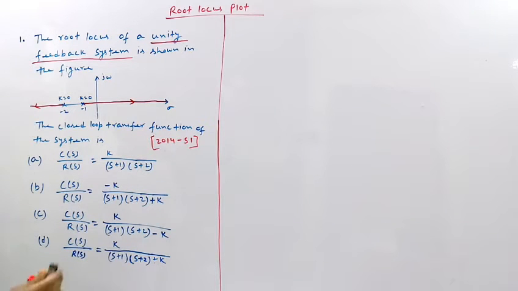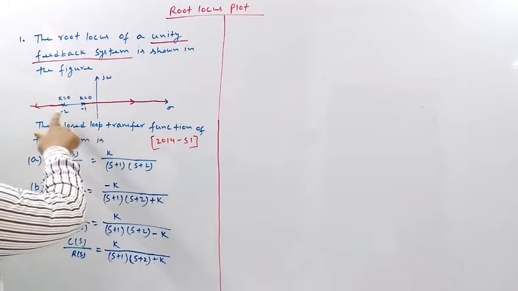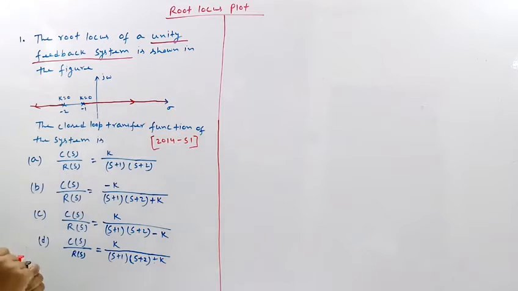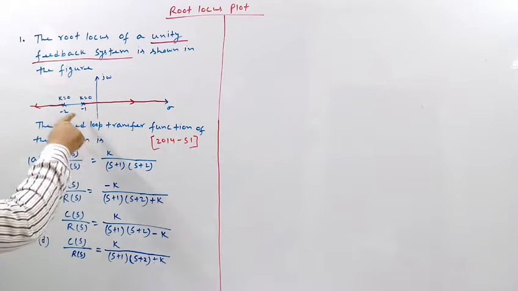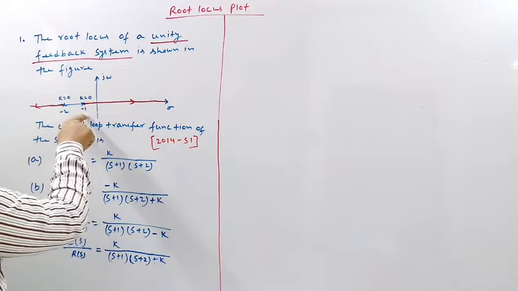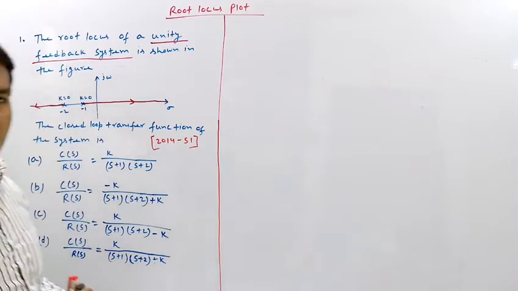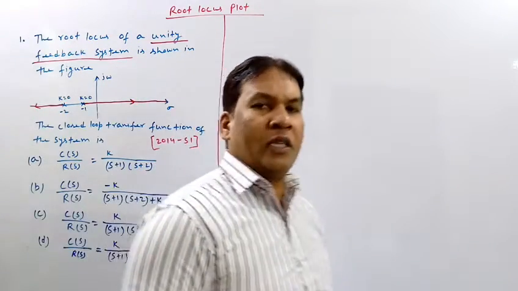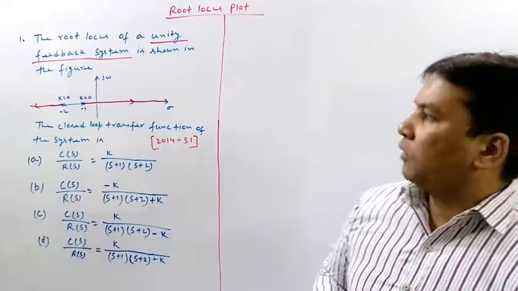So what is given? The forward path transfer function is given. The open loop poles, or you can say forward path poles, are given.